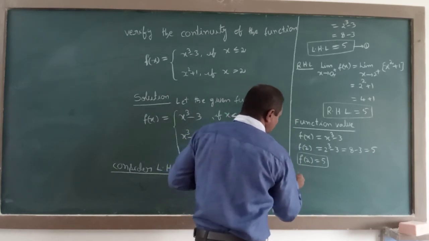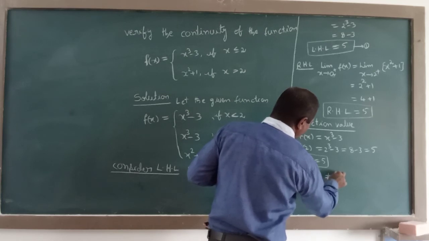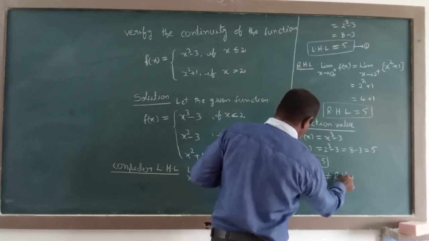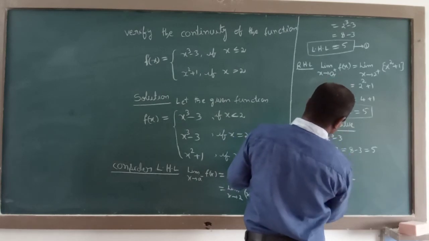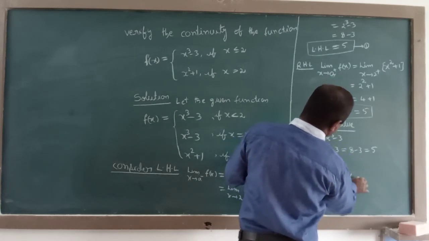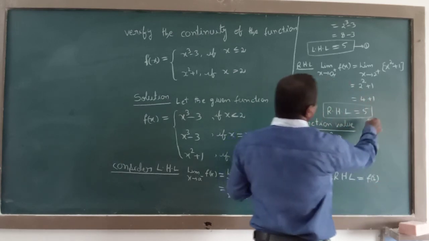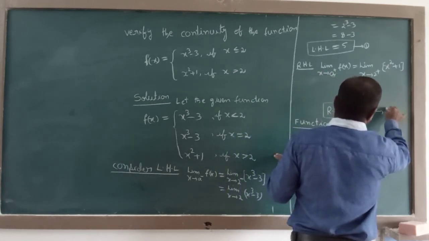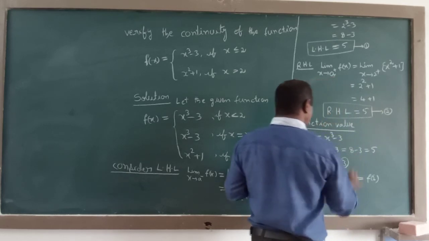Therefore, we can write that LHL is equal to RHL is equal to the function value f of 2. From equation 2, the RHL value is 5. From equation 3, the function value is 5.